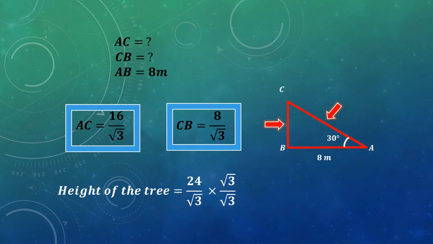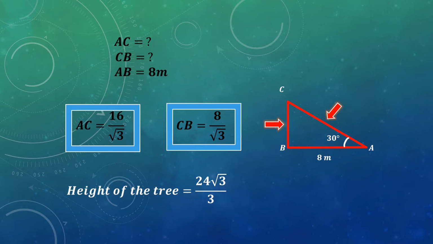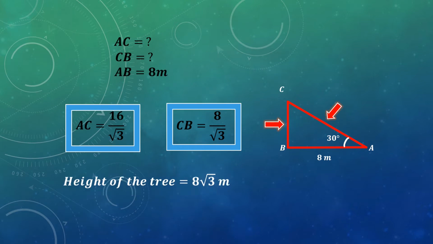In the denominator, root 3 into root 3 will give me 3. So I have the height of the tree as equal to 24 root 3 upon 3. Now 24 upon 3 can be written as 8. So I can write the height of the tree as 8 root 3 meters.